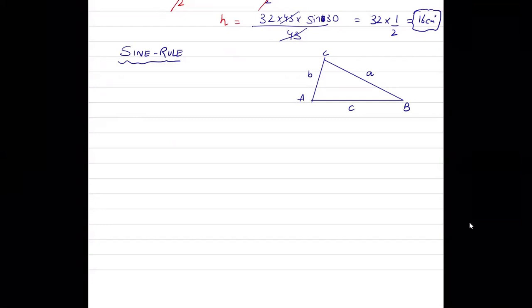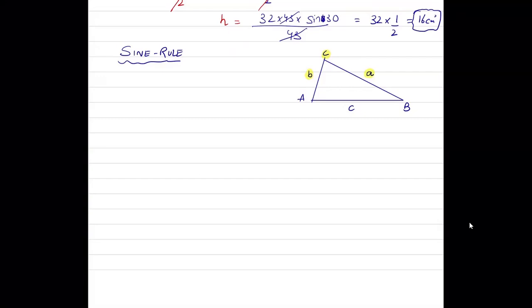Now, if I ask you to find the area using angle C and the side A and the side B, what is going to be the formula for the area?